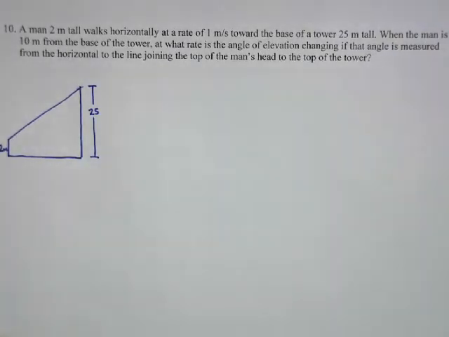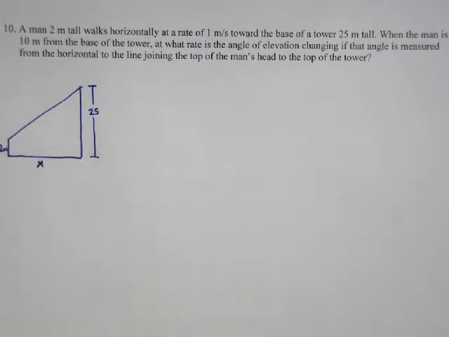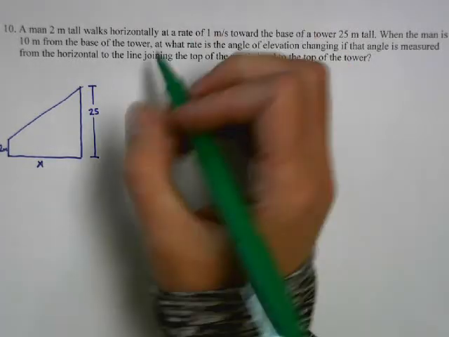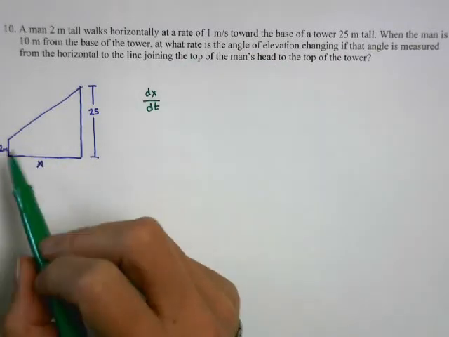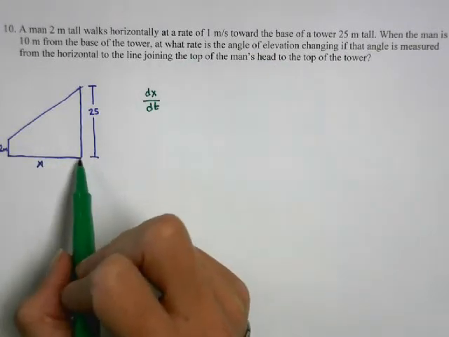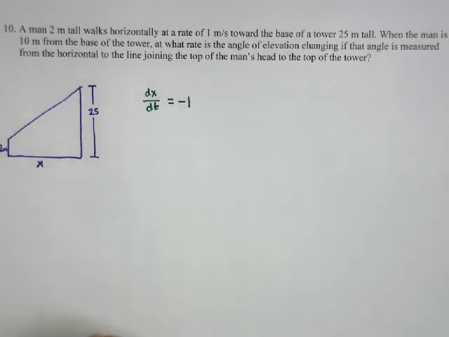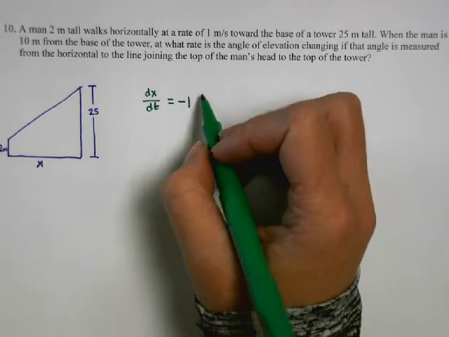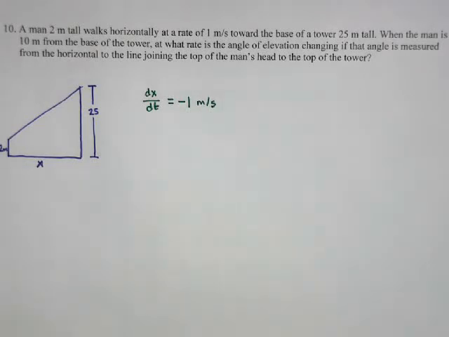So we have that dx/dt, he's walking towards the base, so that distance is going to be decreasing, so we'll make that negative. And we're looking for the rate when x is 10.